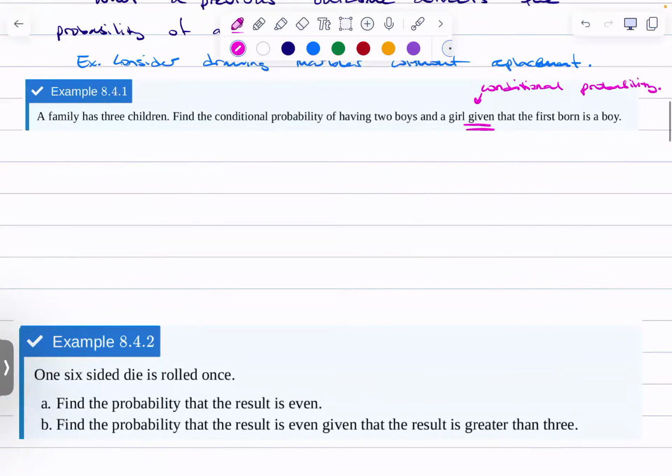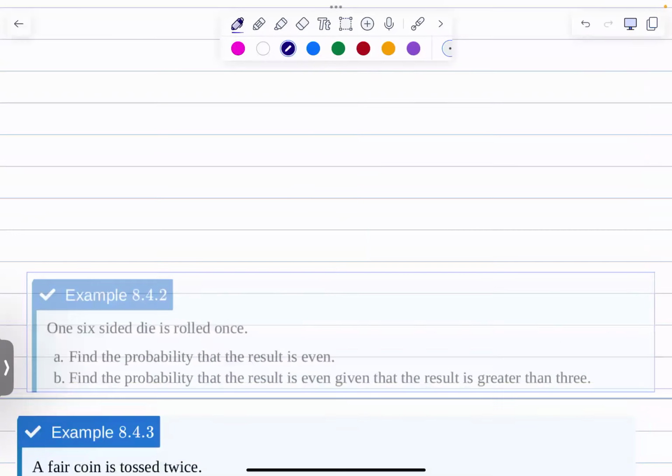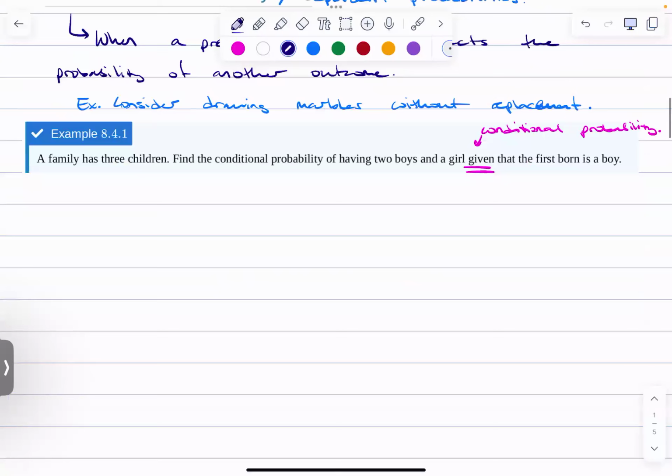And if we have three kids, then I think the easiest way to map out all the possible combinations is a tree diagram. A tree diagram. I know, I'm so predictable.